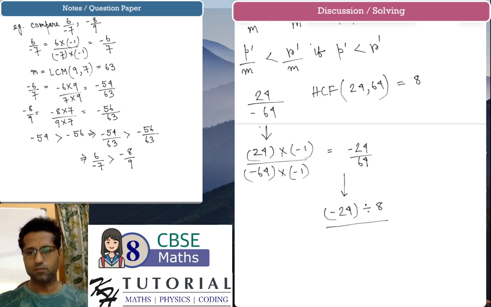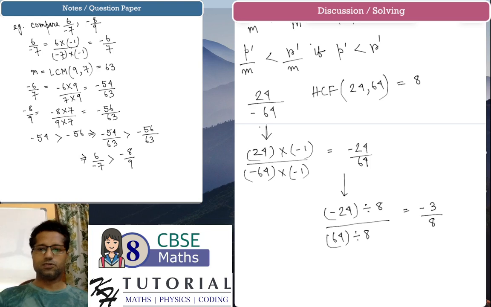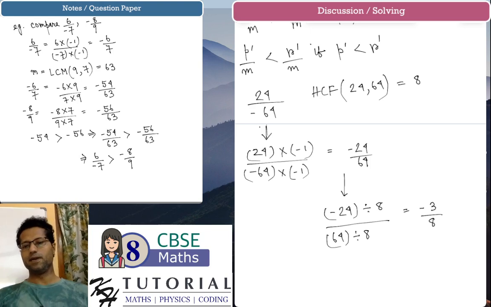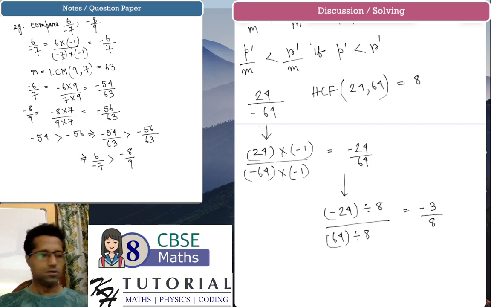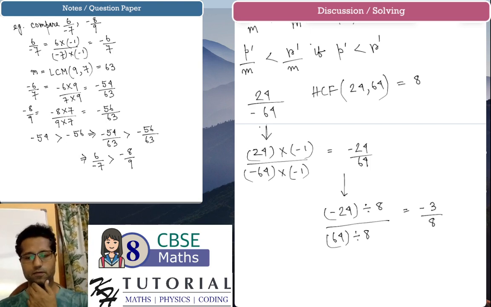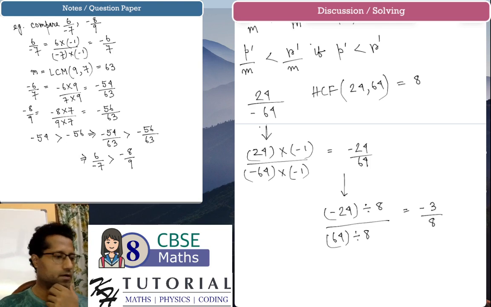So I will divide both the numerator and the denominator with their HCF, and this is equal to -3 by 8. So this rational number -3 by 8 is now in standard form. So this was a quick example to show how you convert a given rational number to its standard form.